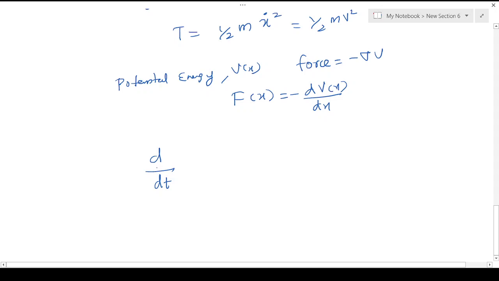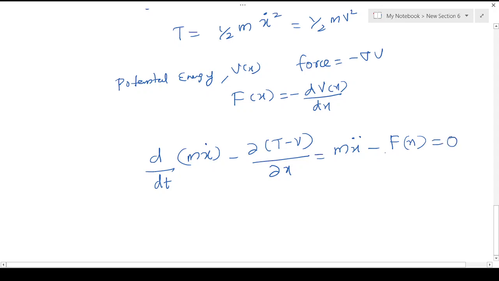Now from that equation, if you put our representation there, we will be getting what? Here L is equal to, we have a corresponding representation. So d by dt of m x dot minus dou V by dou x, which is equal to m x double dot minus f of x. This should be equal to 0, that we know.